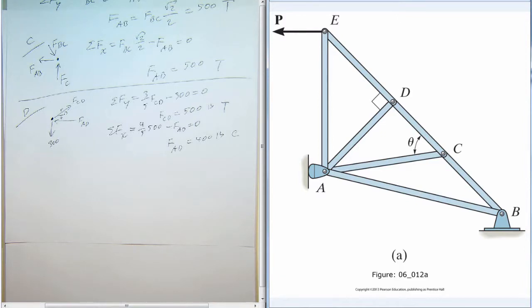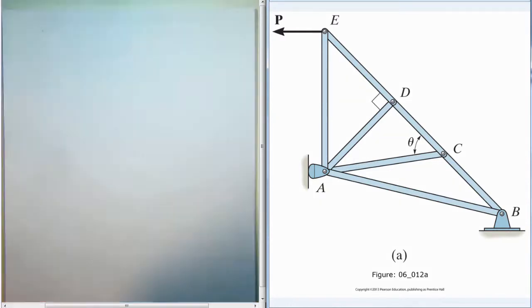So there are two ways that a member could be a zero force member. And so here we have a figure showing a truss, and there are a couple of zero force members in this truss, and I'll talk to you about the criteria for a zero force member, and then we'll be able to identify them.